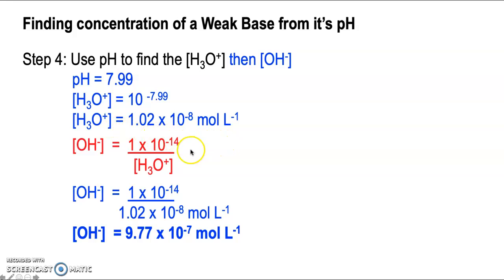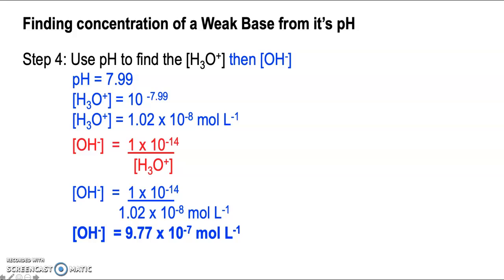So again, this is the water dissociation equation given on the resource sheet rearranged. So the hydroxides equal the water dissociation divided by hydroniums. When you put those values in, you'll get the hydroxide concentration at 9.77 times 10 to the negative 7.